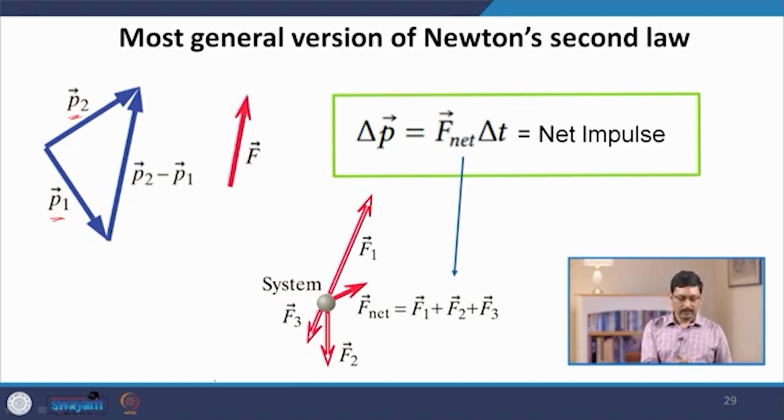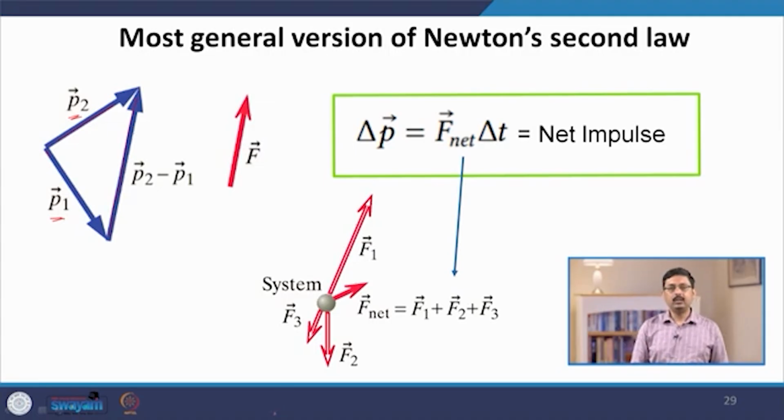This arrow in magnitude and direction represents the vector P1 and this arrow represents the vector P2. From the law of vector addition, this represents the total change of momentum of the particle during the interval delta t.